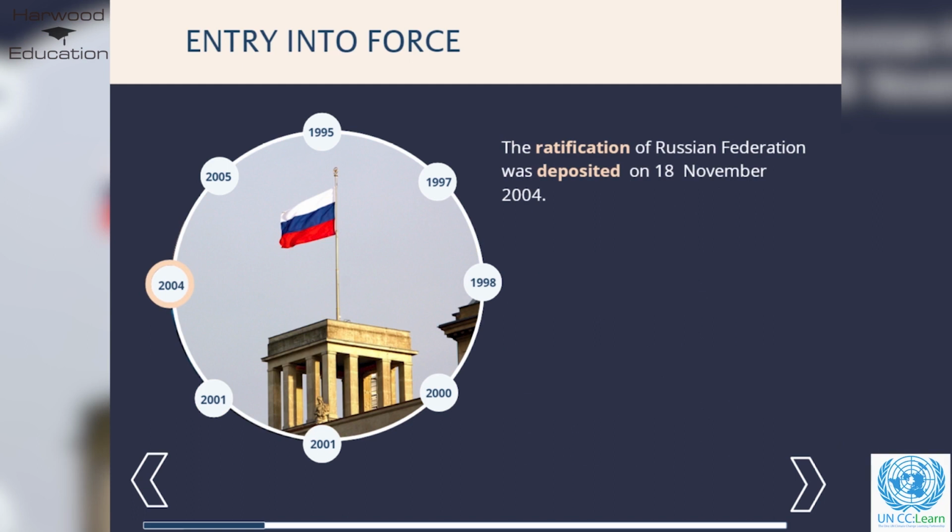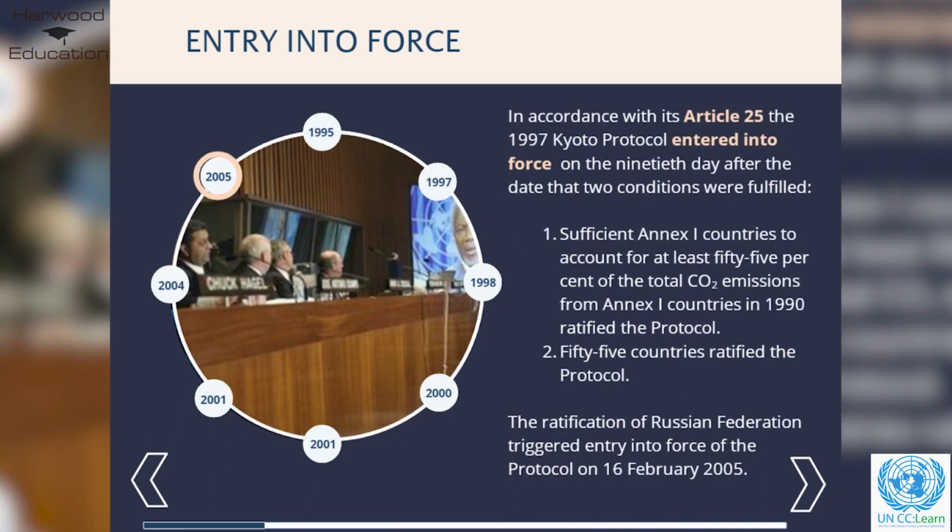2004. The ratification of the Russian Federation was deposited on the 18th of November 2004. 2005. In accordance with its Article 25, the 1997 Kyoto Protocol entered into force on the 90th day after the date that two conditions were fulfilled. 1.